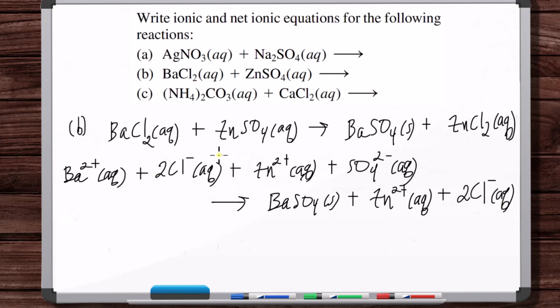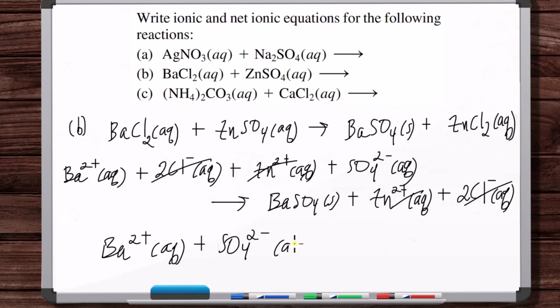Okay, there's the ionic equation. Now let's cancel the spectator ions, and we're left with the net ionic equation. There we go.